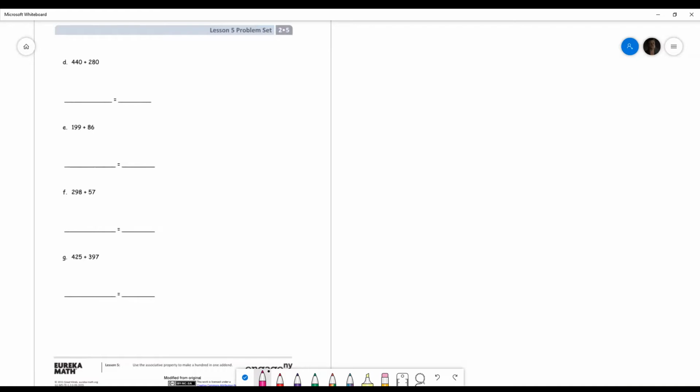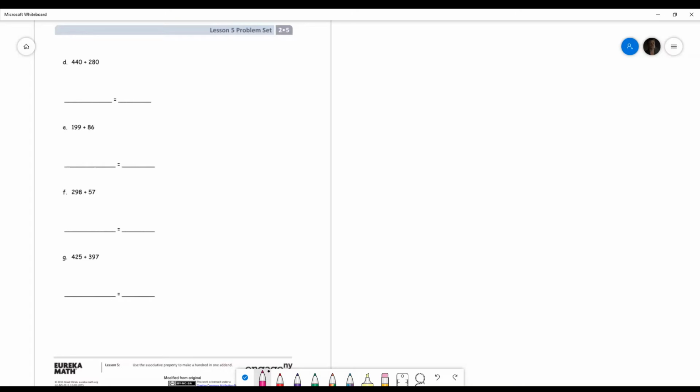Let's look at G, because G might be a little bit harder. So looking at G, you have 425 plus 397. Which number do you think would be easier to turn into hundreds, to round it up to the next 100? 425 or 397?